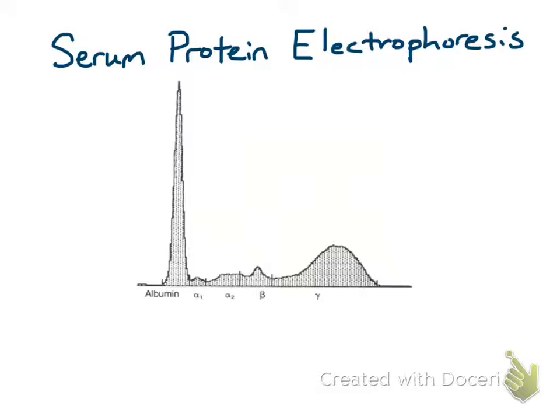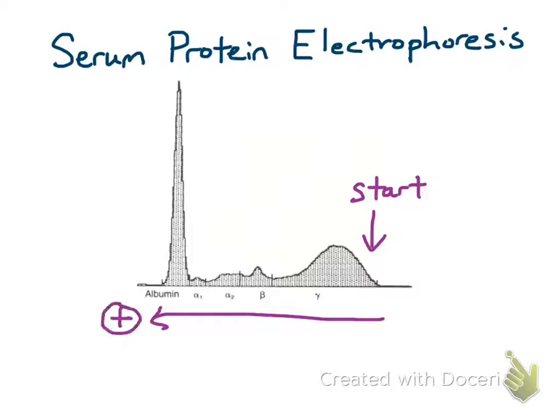So during serum protein electrophoresis, the serum is applied within a gel. So let's say this is the start point where the serum is inserted into the gel. And then there's a charge put in the gel where the proteins start to migrate towards the positive end or the cathode.